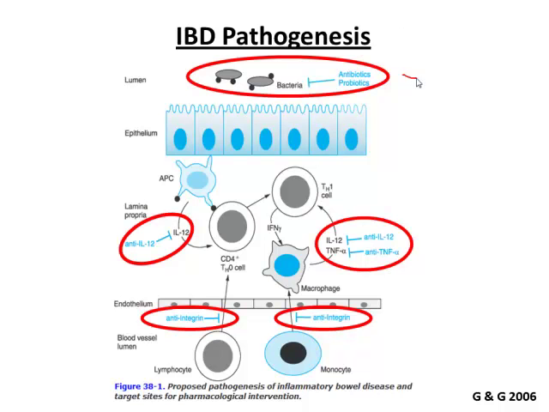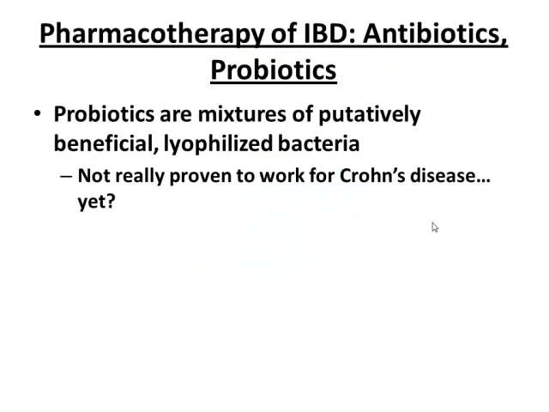With the antibiotics and probiotics, what you're going after is the bacteria. The antibiotics are trying to kill the so-called bad bacteria that are going to cause inflammation, etc. With probiotics, you're trying to give so-called good bacteria to somebody, which is going to decrease inflammation.